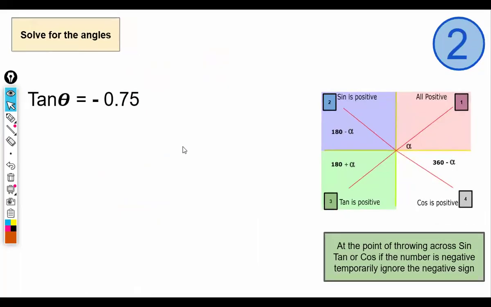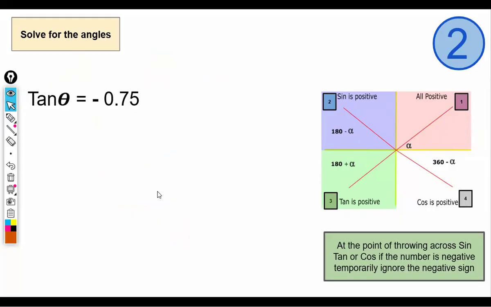A negative question. Who would have thought, right? So everyone write down that question. Tan theta is equal to negative 0.75. Actually, it's too early to determine whether it's a positive or a negative question. We can only determine that at the point of throwing across the tan.